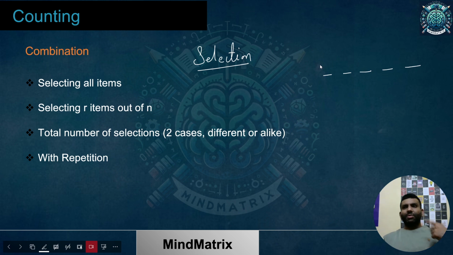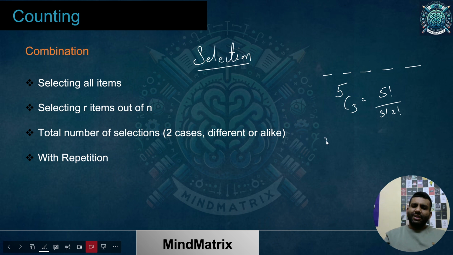Okay, if you have come up with a number in your mind that I need two toys or one toy or three toys, then it's simple and direct: out of five, if you need three, the formula is simple: 5C3, which is 5 factorial upon 3 factorial 2 factorial.